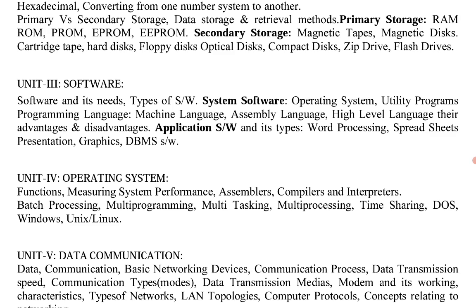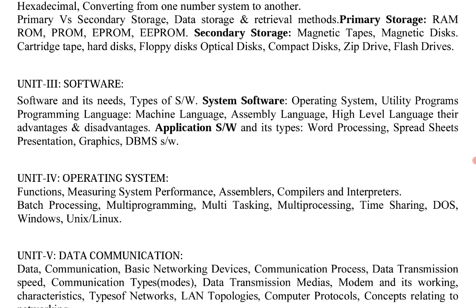So in this unit, that is the third unit, we deal with the concept called software and its need, and different types of software. Basically there are two types of software: system software and application software, and programming languages. What are system softwares?